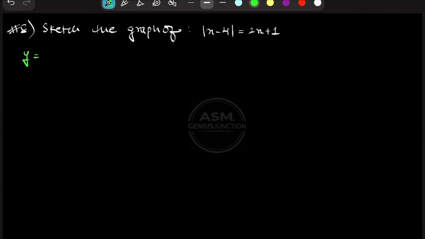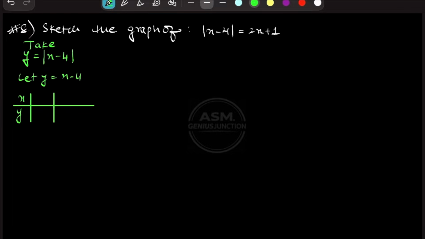First, I am talking about y is equal to mod x minus 4. So I will say let y is equal to x minus 4 to plot the graph. Again, I will make a table of it. After making the table, I will put x equals 0.